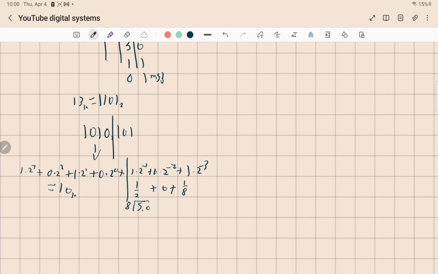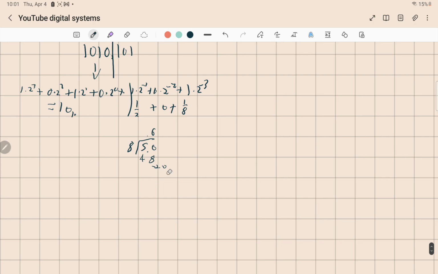So let me put it down here. 5 divided by 8. So it's 5, 6, so 48, 20. Hold on, it's the end of my tablet.